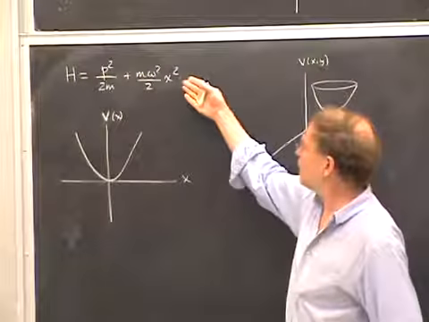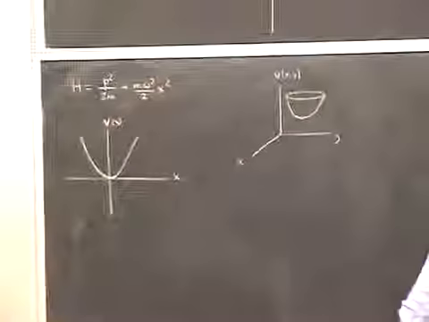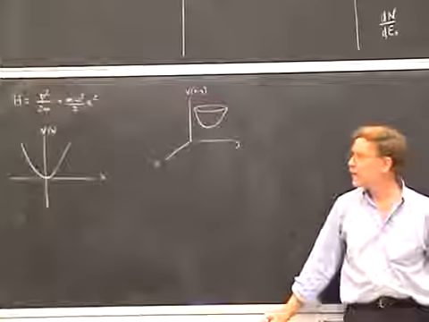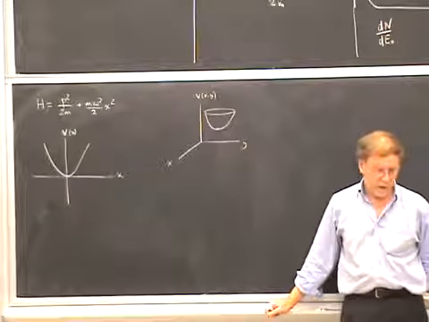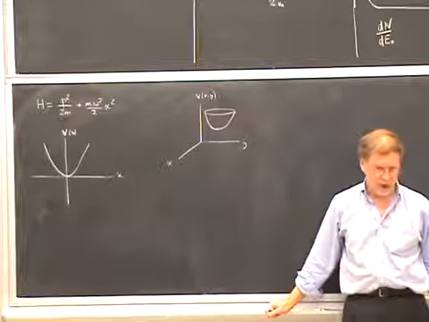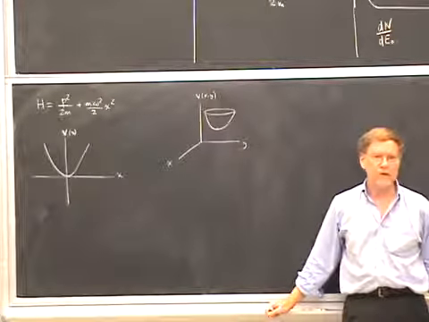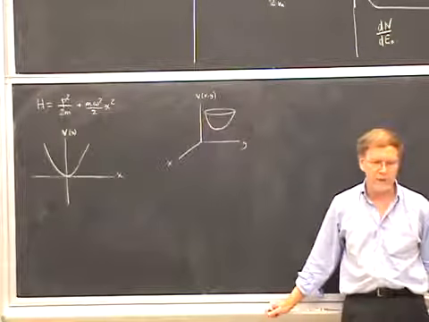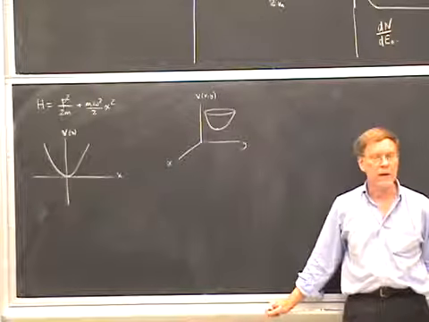By the way, this is a mechanical oscillator, but the harmonic oscillator Hamiltonian occurs in a number of contexts where it's not a potential energy problem. For example, a particle moving in a uniform magnetic field has a Hamiltonian which can be transformed into the form of a harmonic oscillator. Another very important example is what happens in quantum field theory, in which the modes of a free field, whether they be the electromagnetic field or a field describing massive particles, can be decomposed into normal modes, and each one of those becomes a harmonic oscillator.